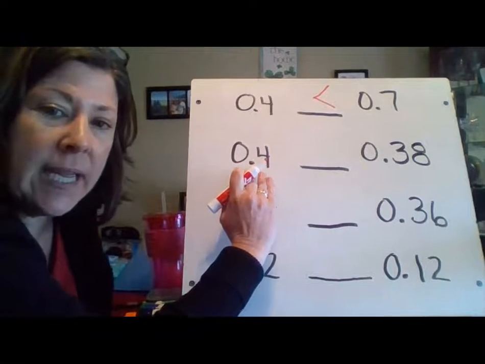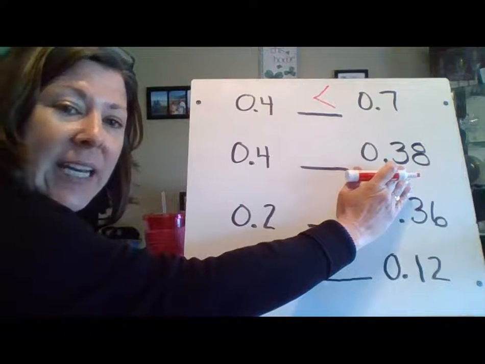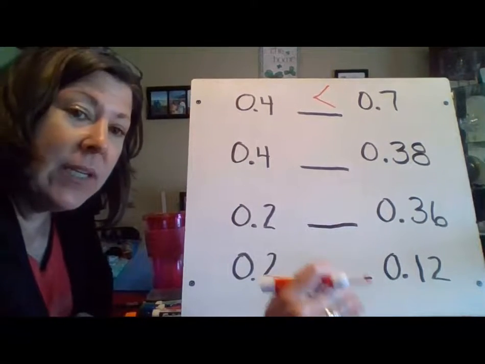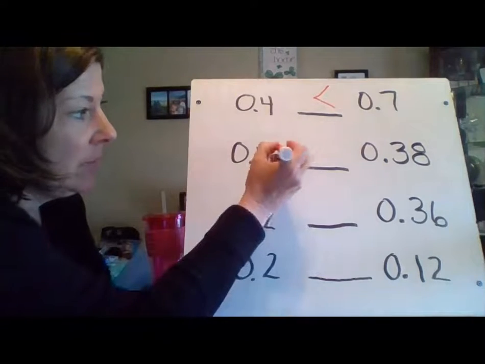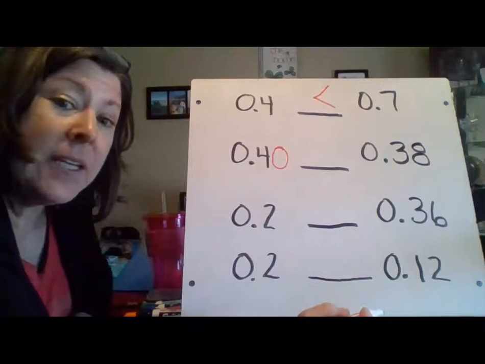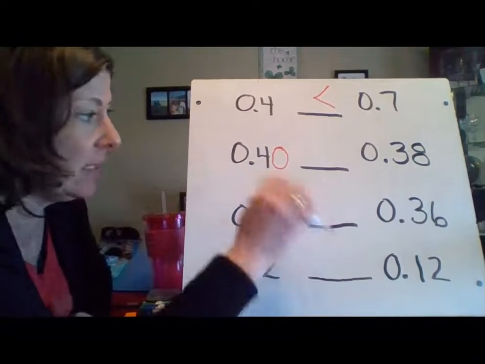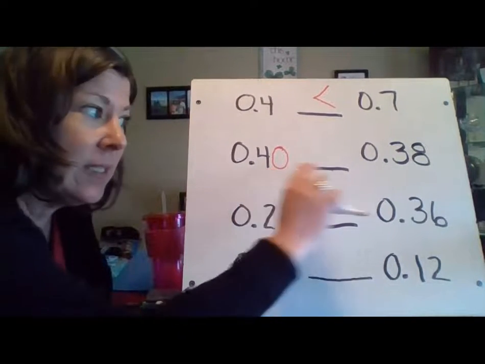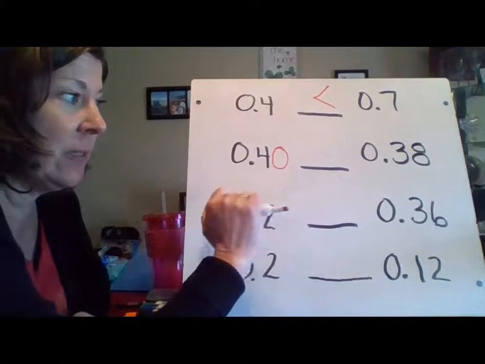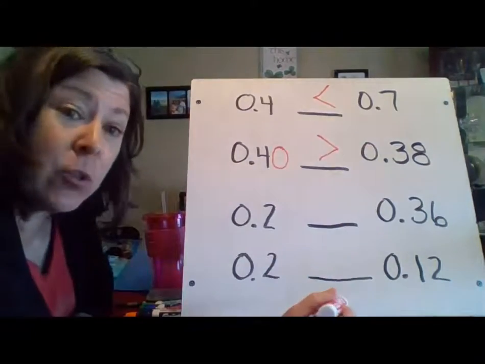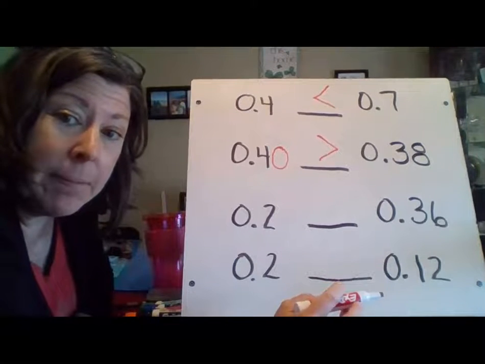Now I have 4 tenths and 38 hundredths. Now, before I compare, I want to even out the decimal places. So I'm going to fill in the hundredths place. So now I've rewritten 4 tenths as 40 hundredths, and I'm comparing 40 hundredths with 38 hundredths. 40 is greater than 38.